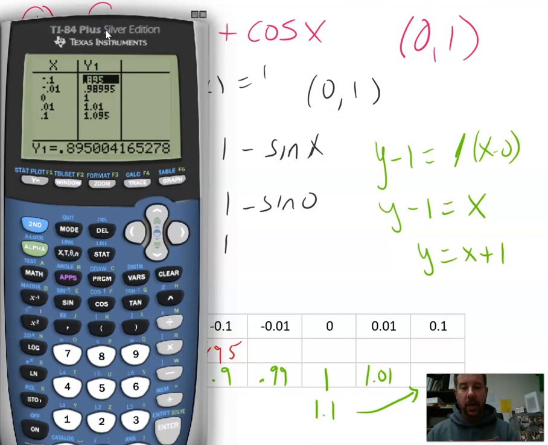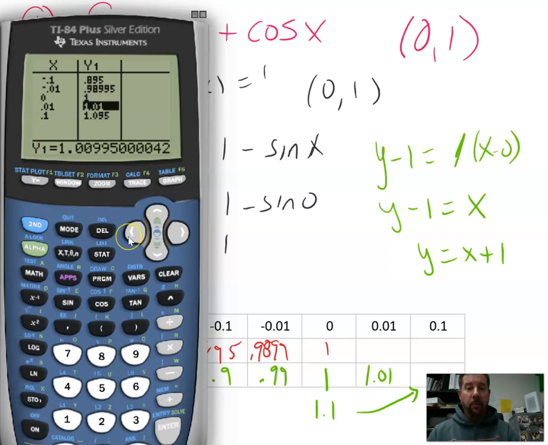If I go down, at negative 0.01, we get 0.9899. And that's even closer to the approximation we had with the tangent line. At 0, it's right on, because at 0 that is the point of tangency. Both equations are the same.